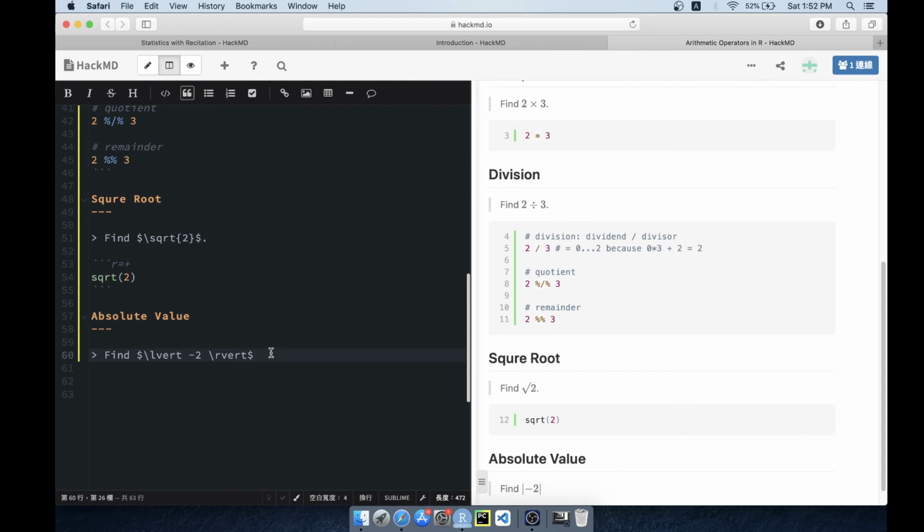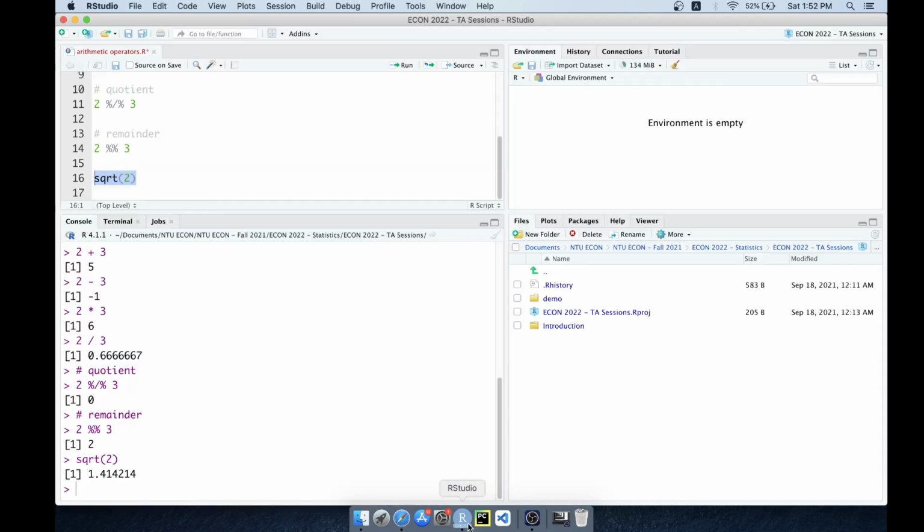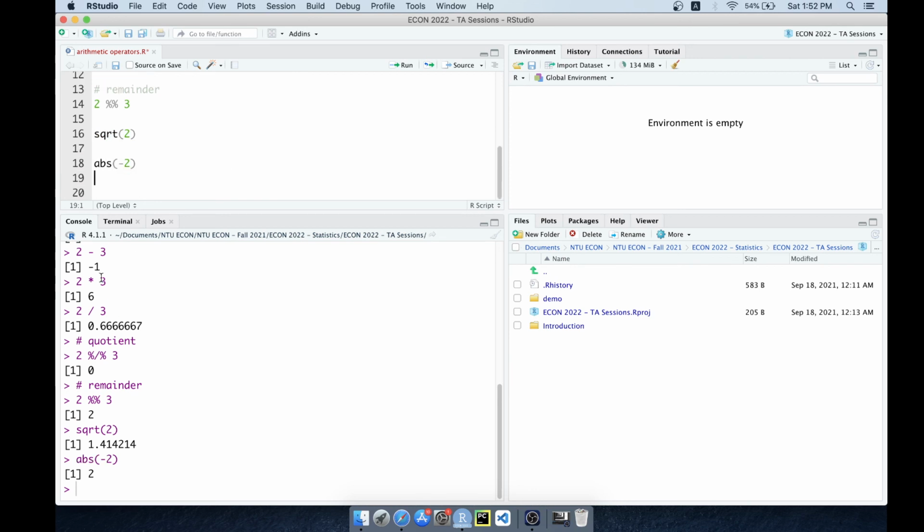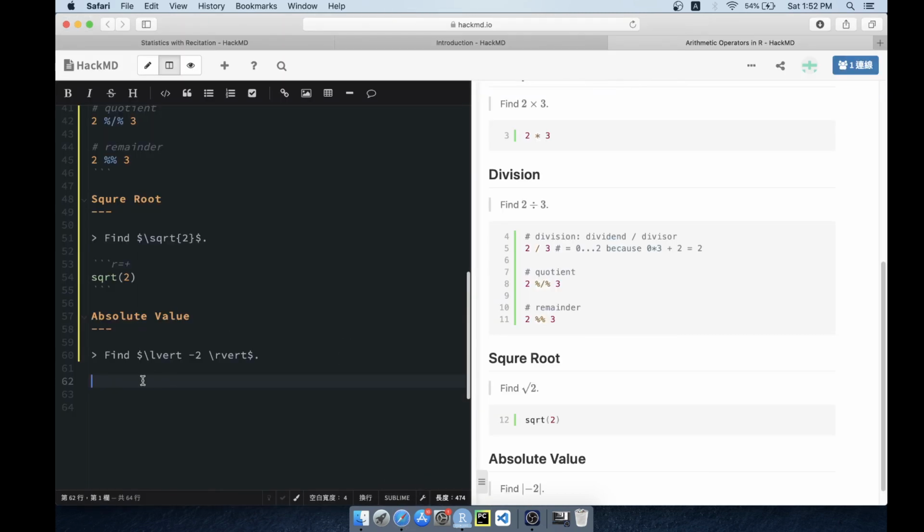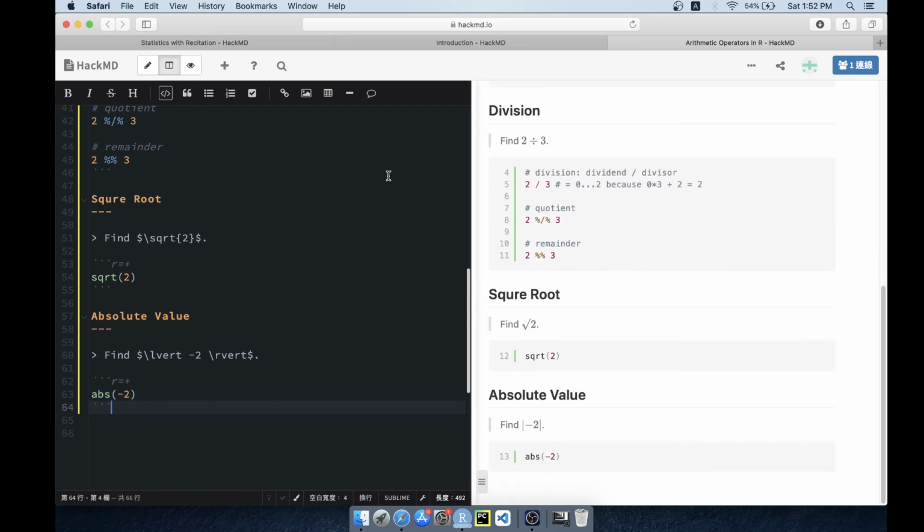Okay, so we can type it here, ABS, and input 2. We can find the result is 2. Okay, so that's all for this topic.